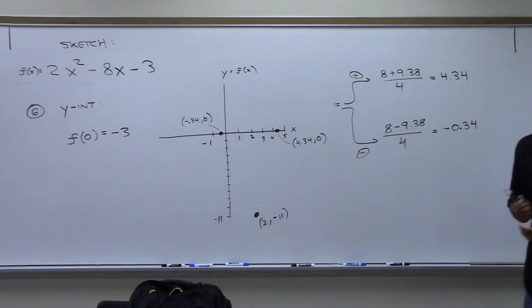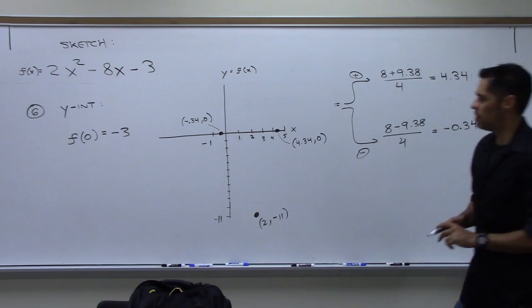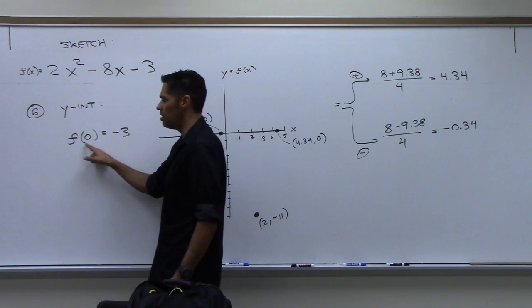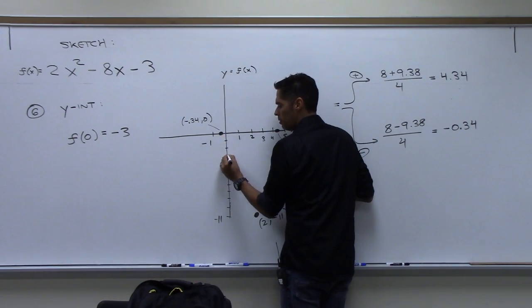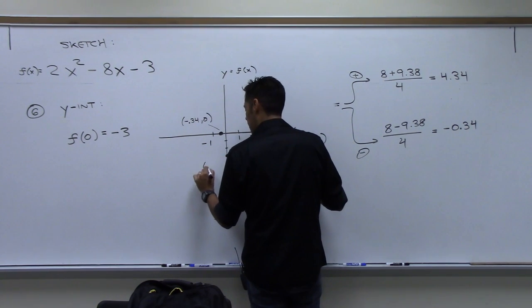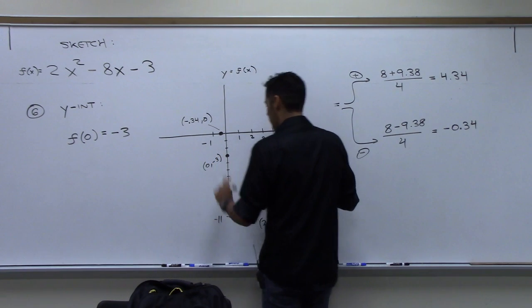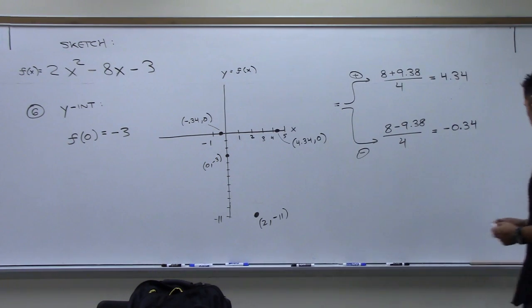Any other information I need to put on the graph? The y-intercept was at 0, -3. So if I go 0, -3, 1, 2, 3 here, that point lives on my graph. I will label that point 0, -3. And now I have all the points, right? That's all the information I have.